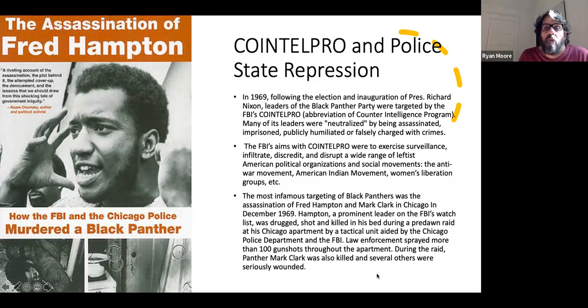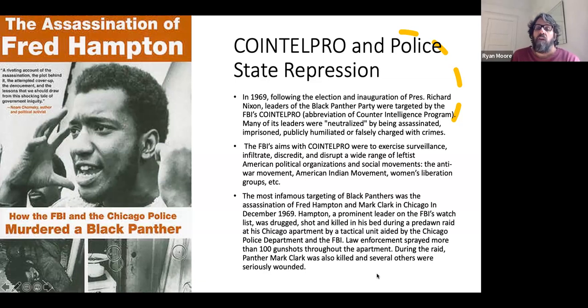Okay, so the most famous of the results of this COINTELPRO program are seen in this book on the left-hand side about the assassination of Fred Hampton and another Black Panther named Mark Clark in the city of Chicago in December of 1969.